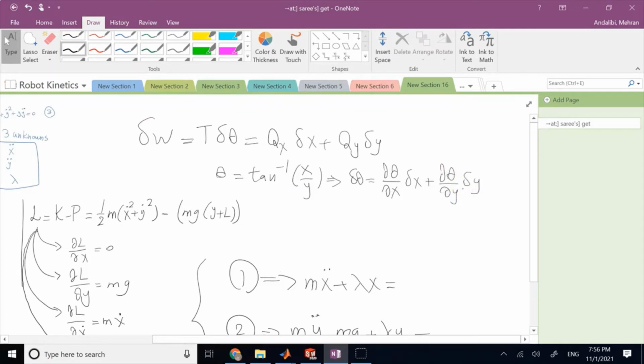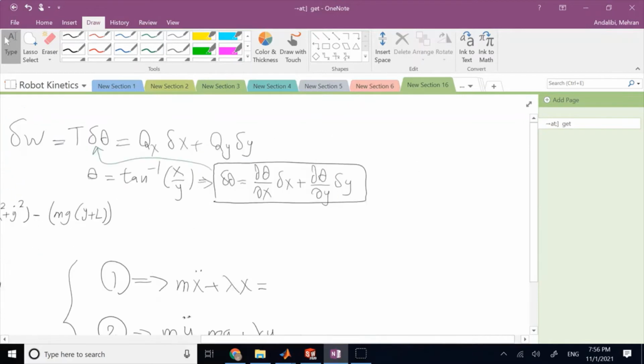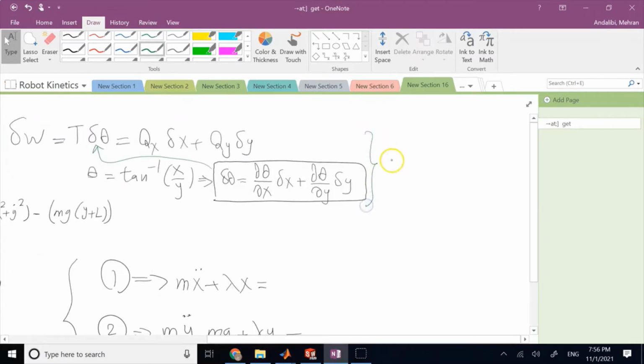Right? And if I plug this into this relation, then you clearly will see that from the combination of these two, your coefficient of delta x on the left is going to be t times variation of theta with respect to x.